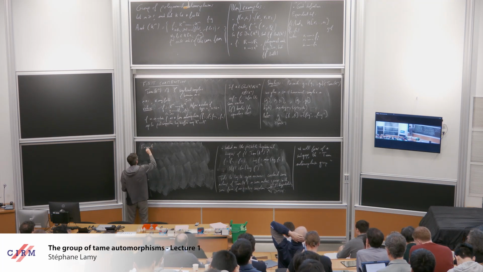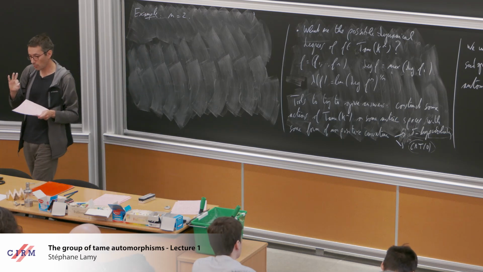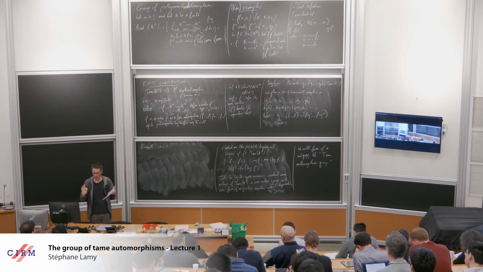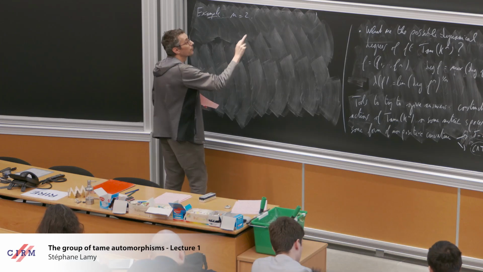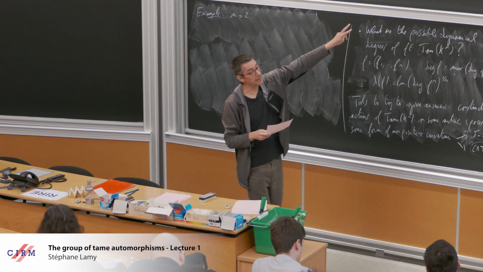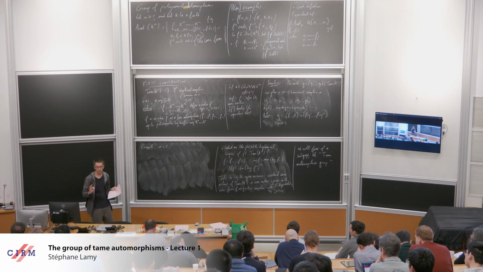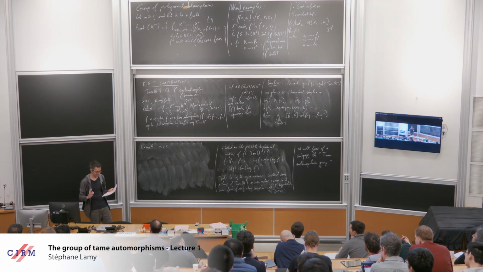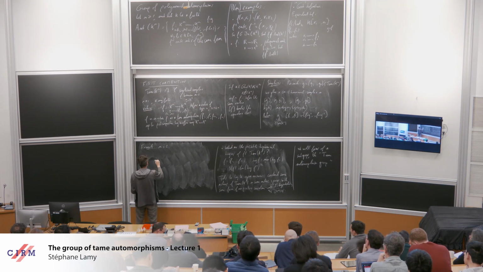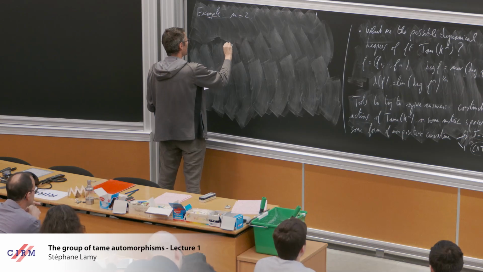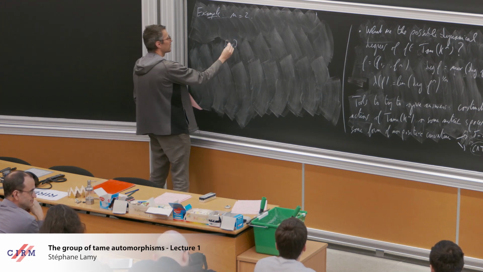So let's start with the case n equals 2. Here we have vertices of type 1 and 2 and some edges, so we really get a graph. For instance, start with G the identity. For dimension 2, I don't use x1, x2, I use x and y, it's just easier. So the identity is the vertex of type 2, given just by that.